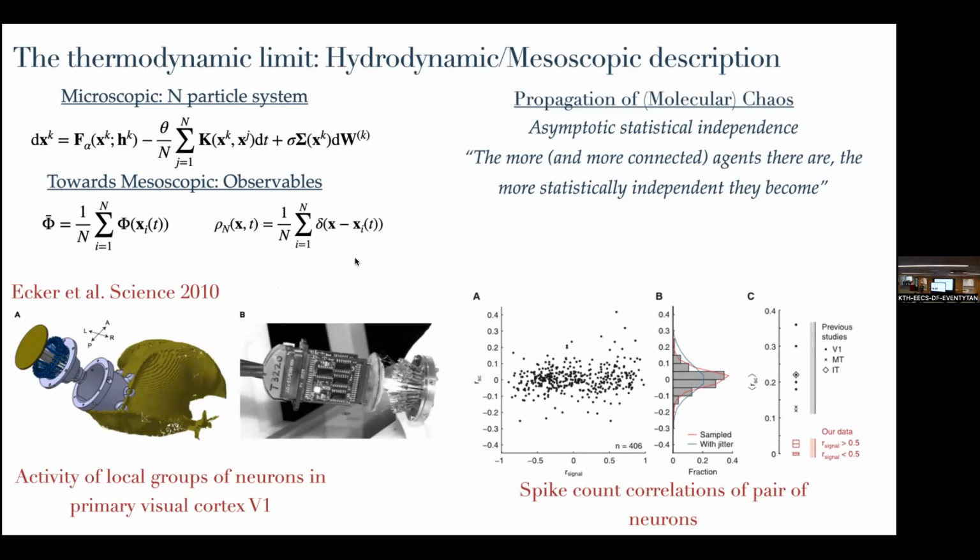They showed that if you look at the activity of local groups of neurons in V1 and at the correlations of this ensemble of neurons, you might think that, being very close to each other and having very common strong inputs, these neurons might exhibit strong correlation properties. But actually, as you can see here, these correlations, which are called RSC, are very close to zero, meaning that the more neurons you have, the more statistical independence you have.